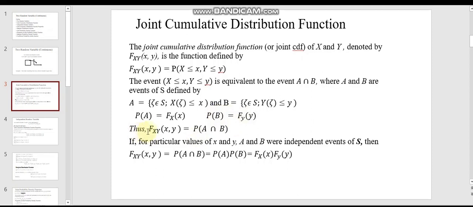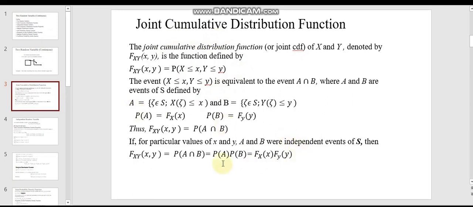So the joint CDF of two random variables X and Y, F sub XY of x, y, is equal to the probability of the intersection of the two events A and B. For particular values of x and y, if A and B are independent events of sample space S, then the product of the CDF of X and the CDF of Y should be equal to the joint CDF of X and Y. These are the properties that the joint cumulative distribution function should fulfill.